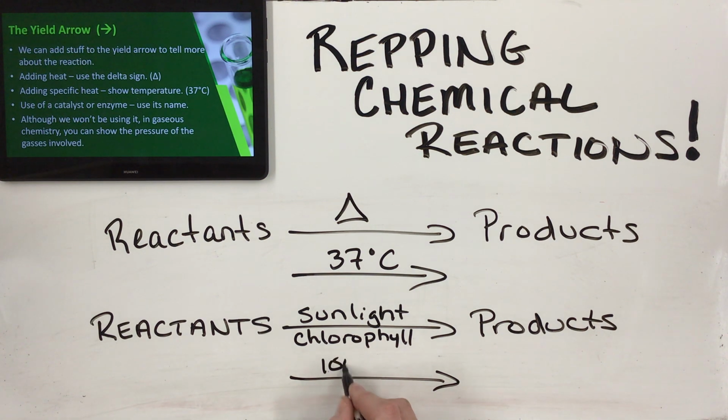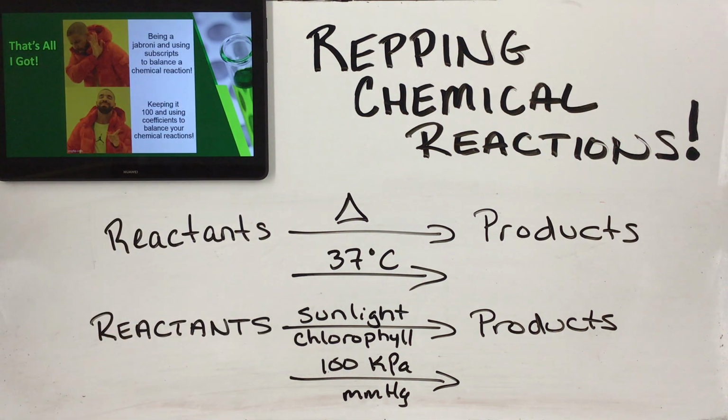So we might say it was done at 100 kilopascals, or so many millimeters of mercury. That's an older way of measuring pressure. But kilopascals is the more modern unit. So if I'm working with gases, I might write the specific pressure above that. All right? Anyway, that's all I got for today, I believe.